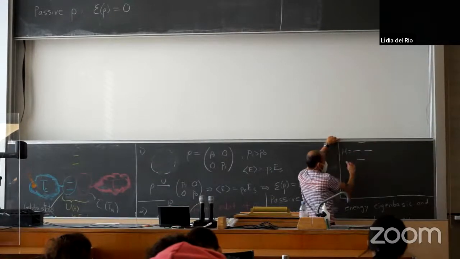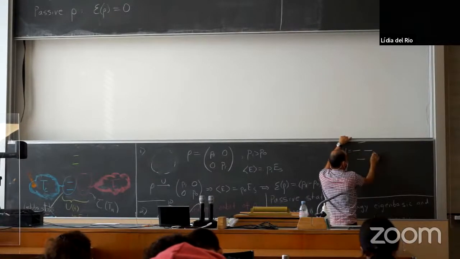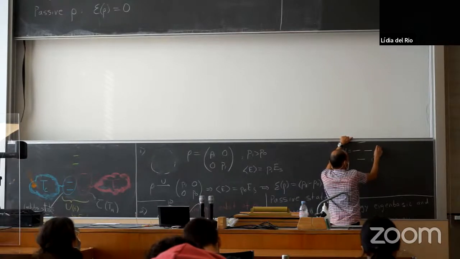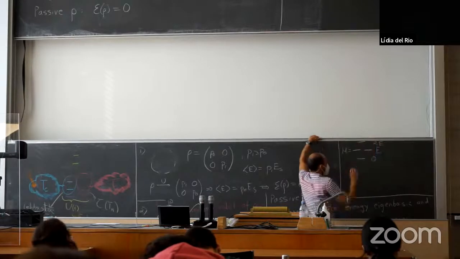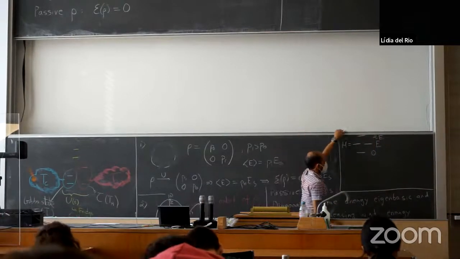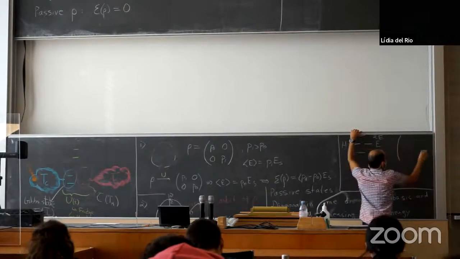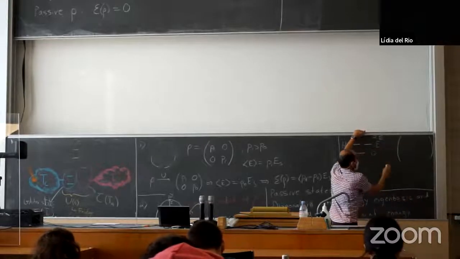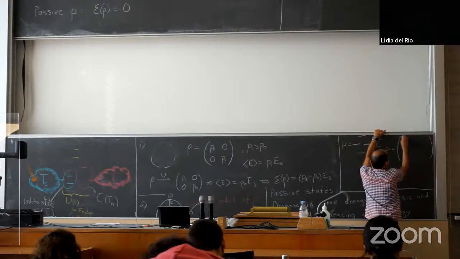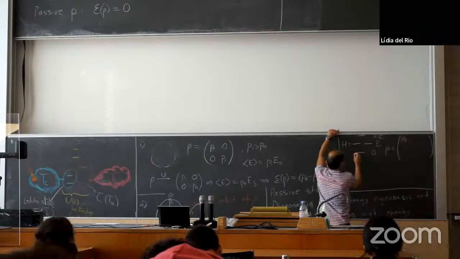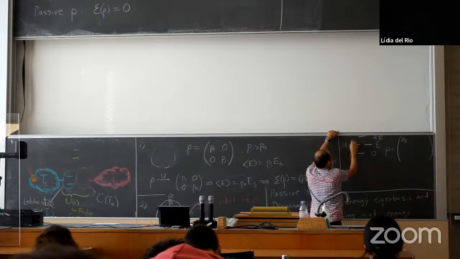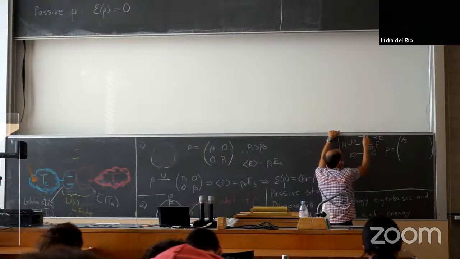I have 4 states. This is energy 0, energy E, and energy, let's say 2E. Doesn't matter really what the energy is. Now the first possibility I consider is that rho is equal to 1/3. So I call this now 0, 1, 2, and so on.